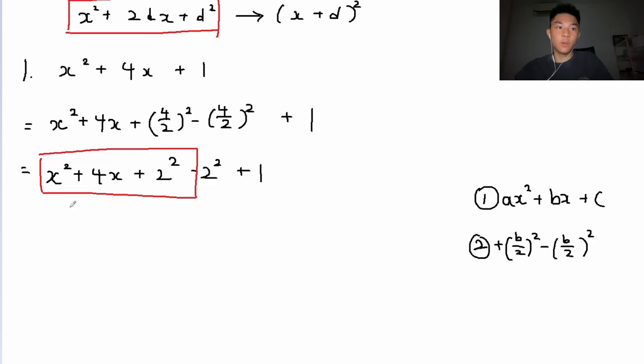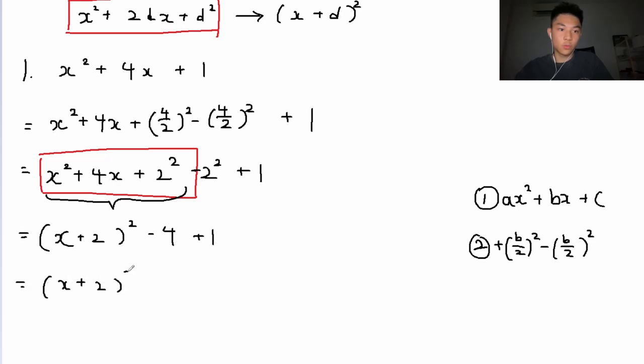That means we can rewrite this part into (x + 2)². And for the terms we didn't use, − 2², that's − 4 + 1. So our answer is (x + 2)² − 3.